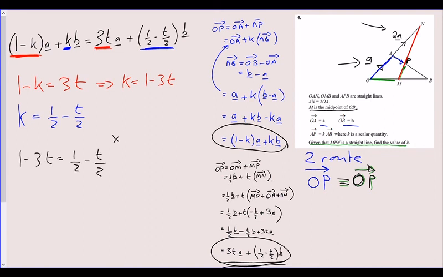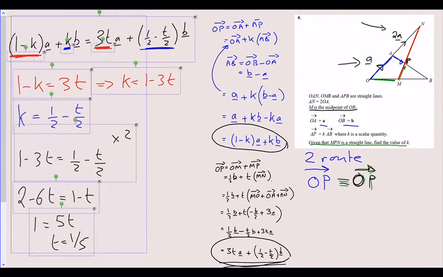I multiply both sides by 2, so I've got 2 minus 6t is equal to 1 minus t. So 1 is equal to 5t, so t is equal to a fifth.